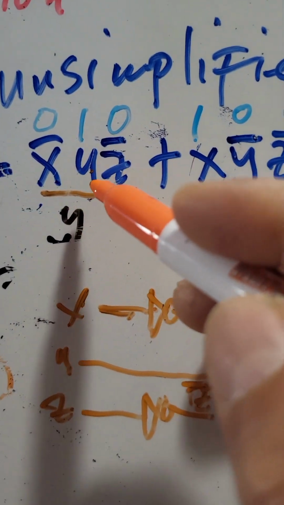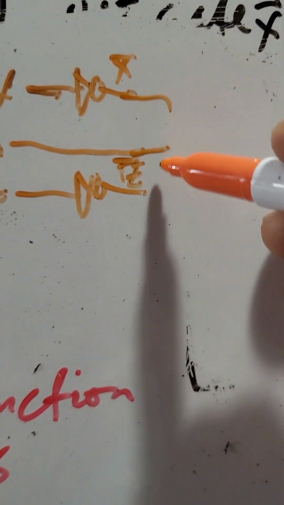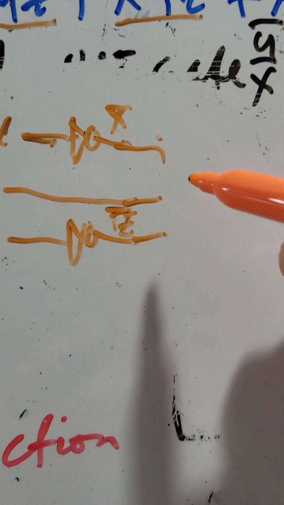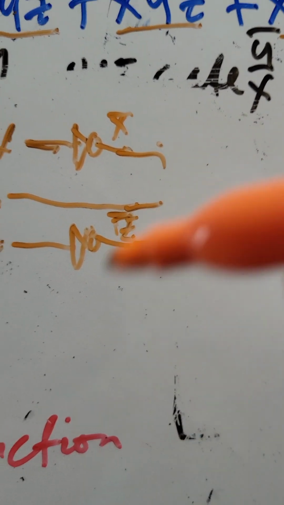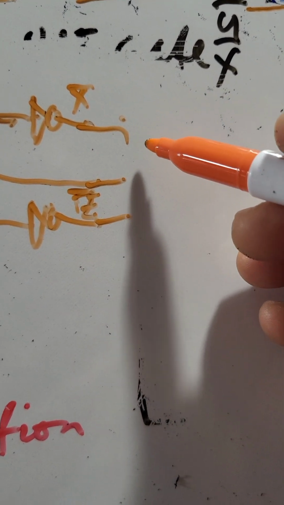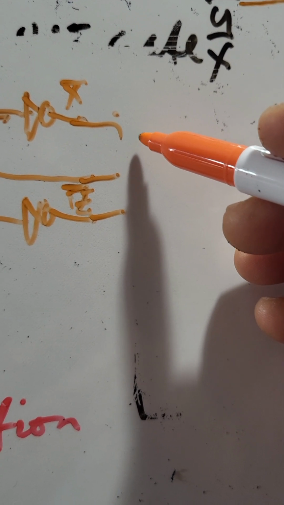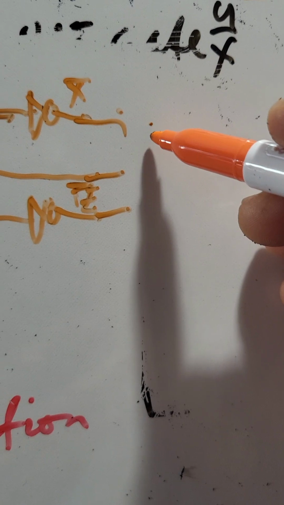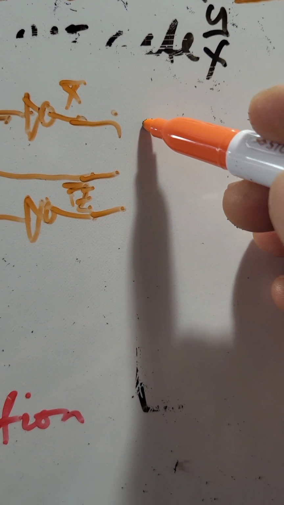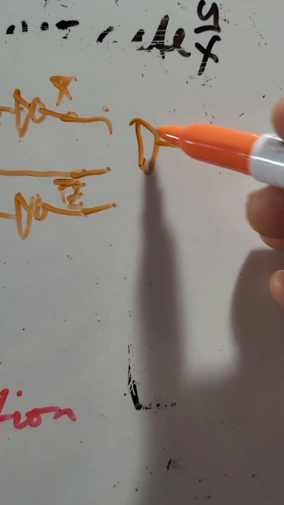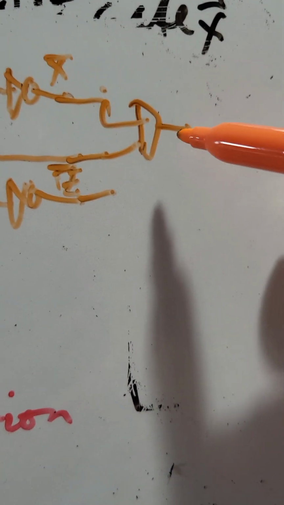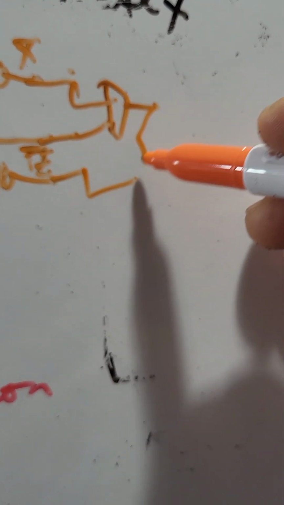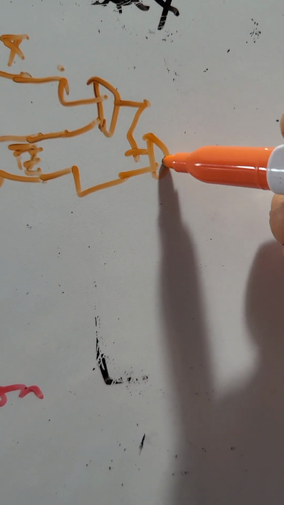And ANDing these three variables, if limited only to two-input AND gates, you have to have two AND gates to connect these three variables. So connect one, then the output of this will connect to another gate.